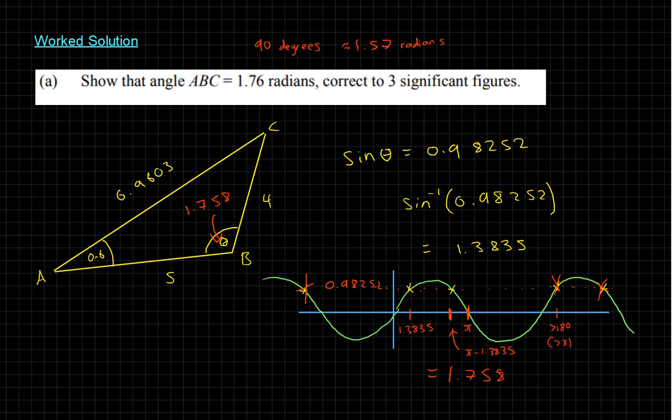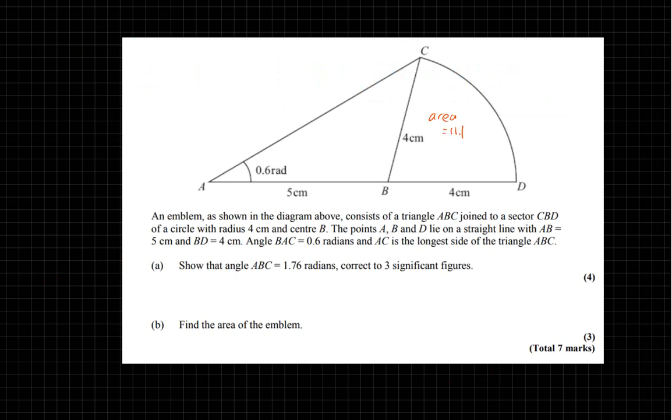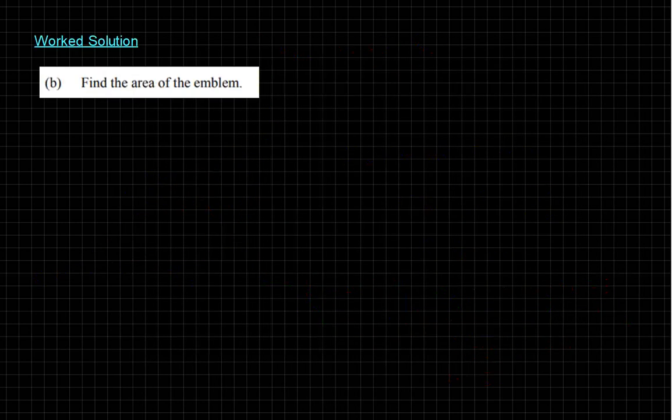Let's take a look then at the second question. Finding the area of the emblem. So I did already say that I'm taking the sector as 11.1. So I'm effectively changing the question so that it matches the answer.